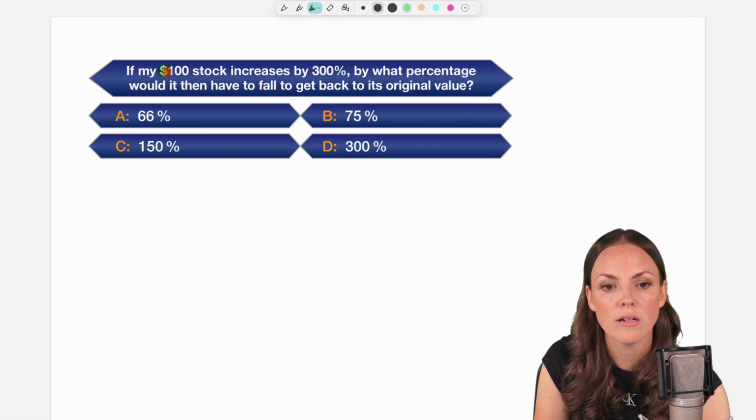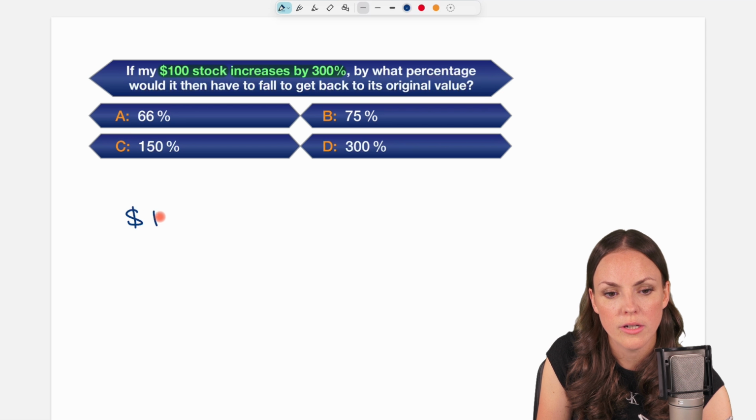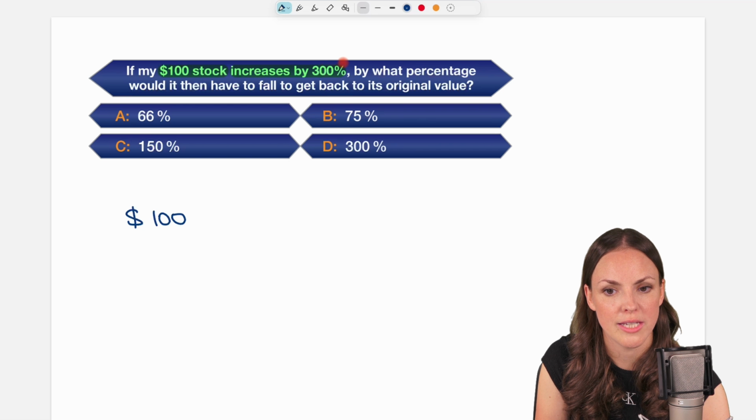If my $100 stock increases by 300%. So we start with $100, and now we want to increase these $100 by 300%.